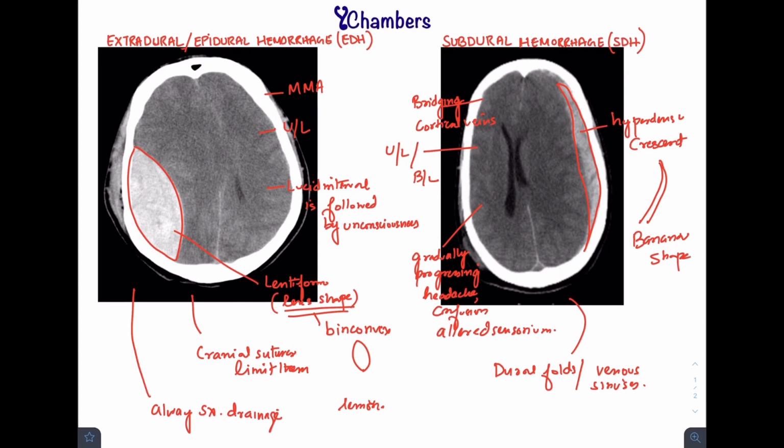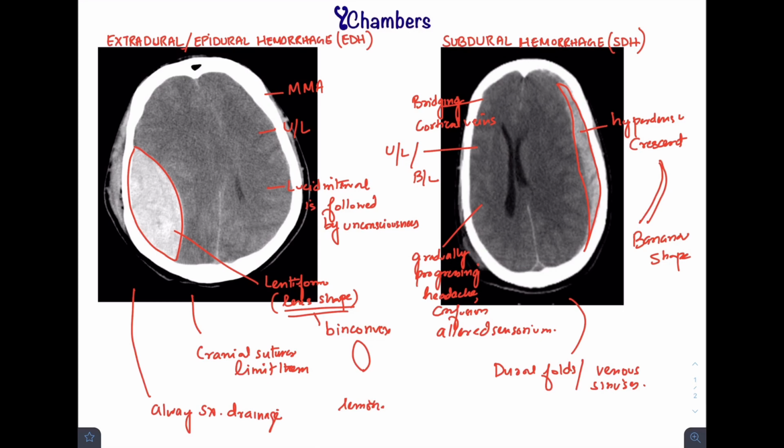To conclude, let us revise them in a nutshell. Extradural hemorrhages happen due to the middle meningeal artery; subdural hemorrhages happen due to bridging cortical veins. Extradural hemorrhages are unilateral, but subdural hemorrhages can be unilateral or bilateral. In extradural hemorrhage, there is a lucid interval followed by unconsciousness. In subdural hemorrhage, the patient will show altered sensorium.